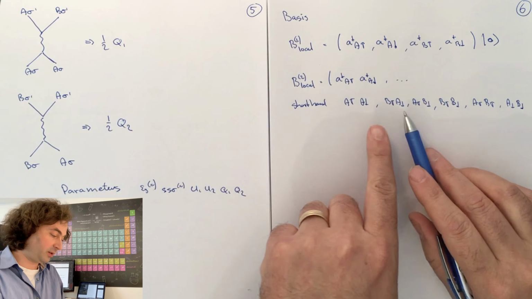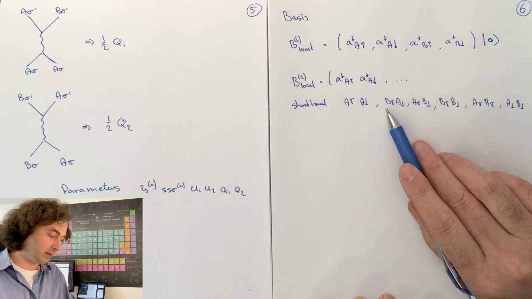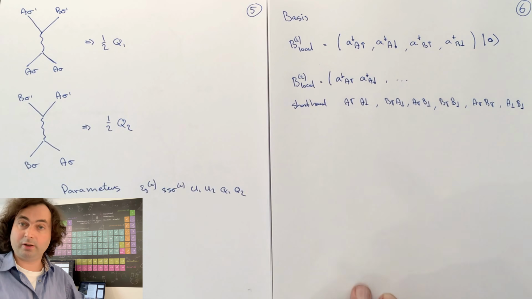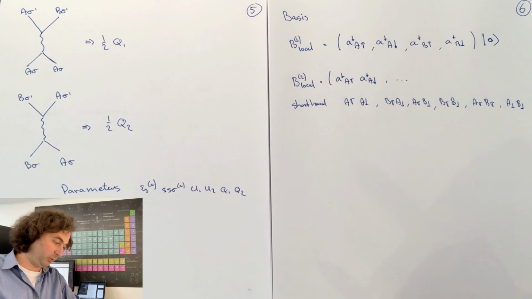Now the order matters, because if you change the state B up, A down to the state A down, B up, that would just be a minus sign in the basis state, so that would introduce minus signs in your Hamiltonian.